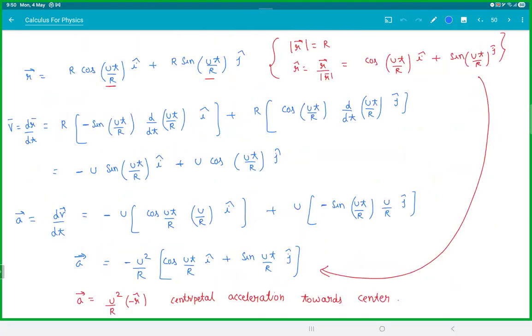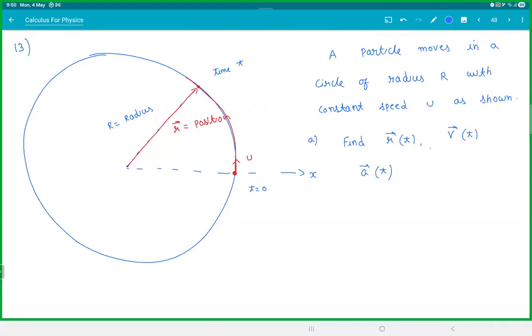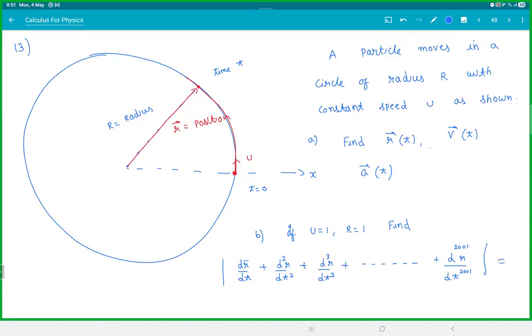Now the question. The same question, there'll be a second part of it. If U is equal to 1, R is equal to 1, find the modulus of dr by dt plus d square r by dt square, the second differential, d cube r by dt cube, the third differential, and so on till d 2001 r by dt 2001, the magnitude.